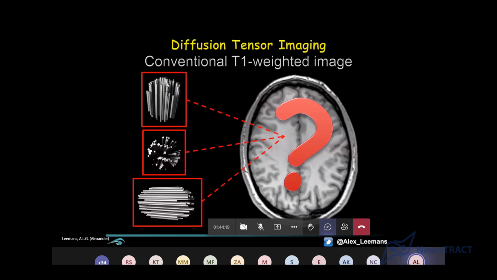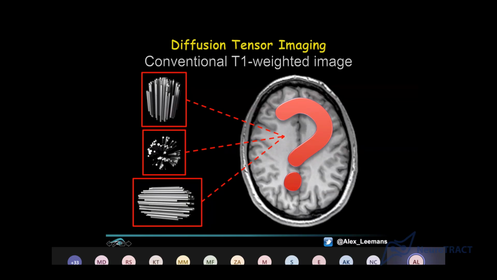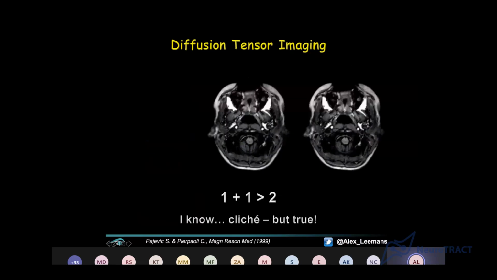All right. The cool thing is that with a T1 weighted image, we can get very high resolution. We get a nice interface between white matter and gray matter. But within the white matter, as shown in this image, if I focus on this little area in the middle, are we looking at pathways going up, down, left, right, front, back? We don't really know.